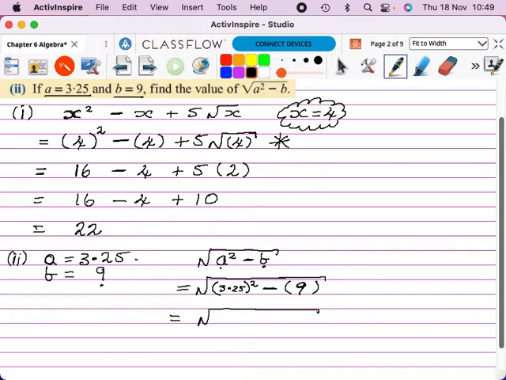So you write down the square root symbol, you reach for your calculator, and you type in bracket 3.25, close bracket, power of 2, minus open bracket, 9, close bracket, and the answer is 25 over 16. So we now write inside this 25 over 16.